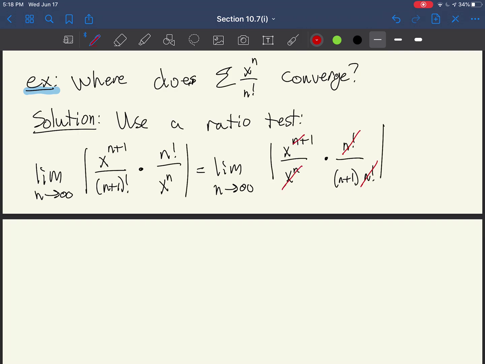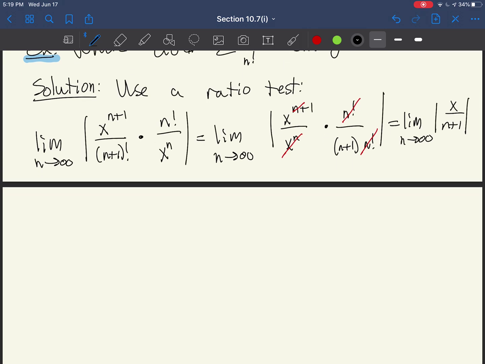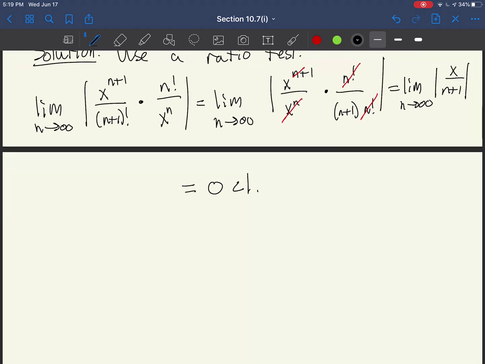The n factorial and the n factorial cancel, x^n and the x^n in the exponent will cancel. So we are left with the limit as n goes to infinity of the absolute value of x over n + 1. And for whatever value x we choose, this will be 0, which with the ratio test, all we care about is the fact that that is less than 1.